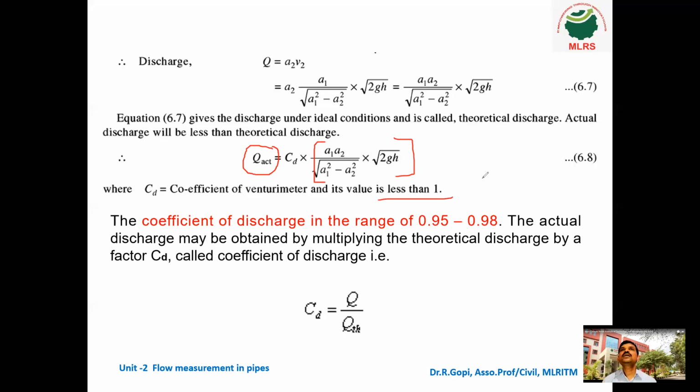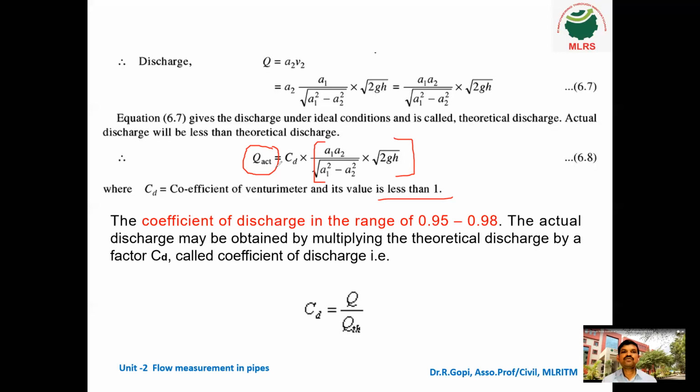So multiply the area of the container by the height of flow divided by the time, area into h by t. h by t is nothing but the velocity, so area into velocity is nothing but Q actual. We will do all these in the laboratory, and while doing the laboratory work we can easily understand.